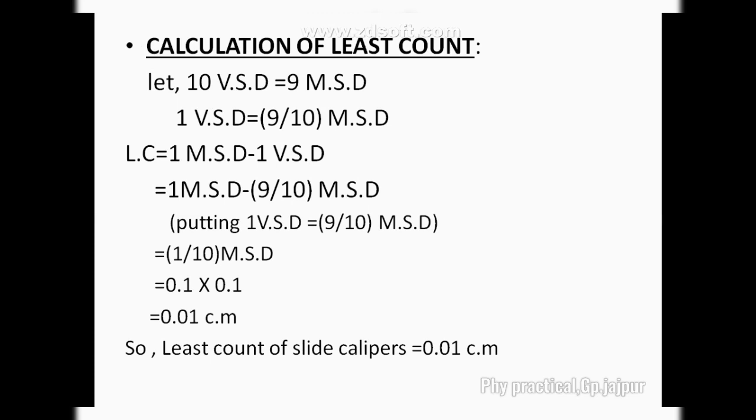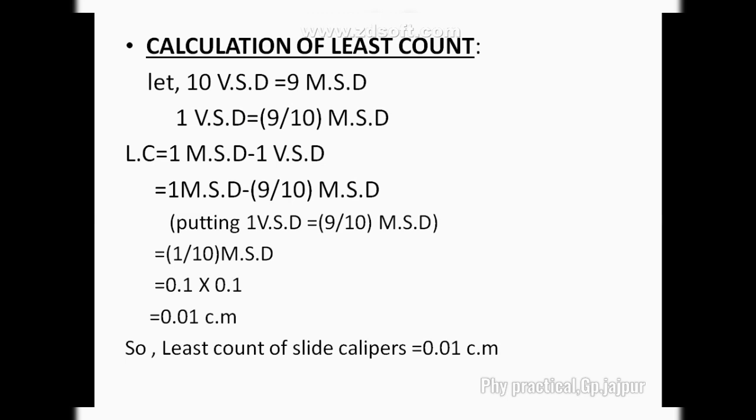Let 10 VSD is equal to 9 MSD. 1 VSD is equal to 9 by 10 MSD. Then for the least count value we put 1 MSD minus 1 VSD, that is 1 main scale division minus 1 vernier scale division.